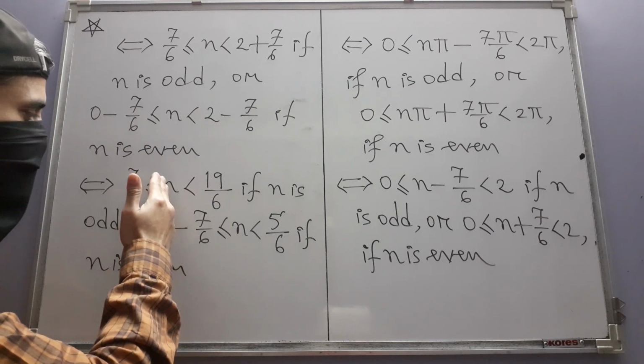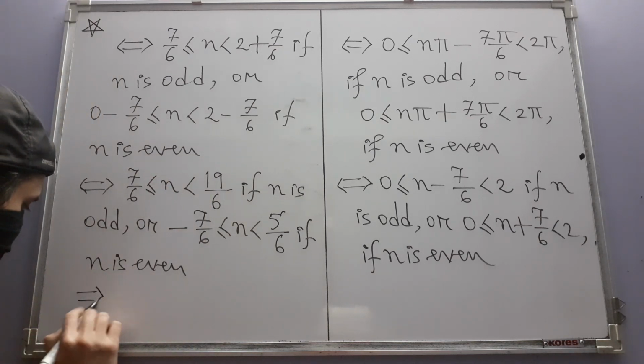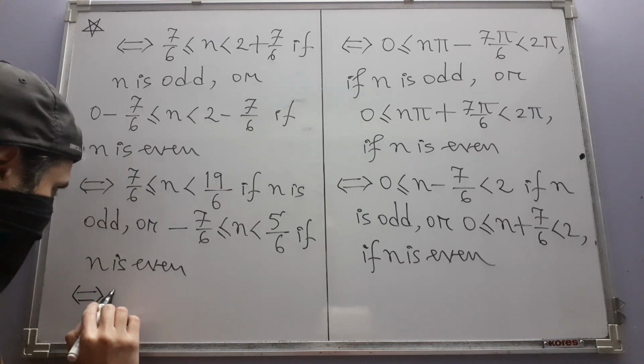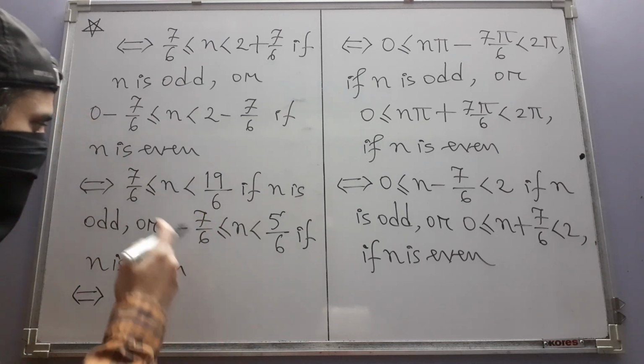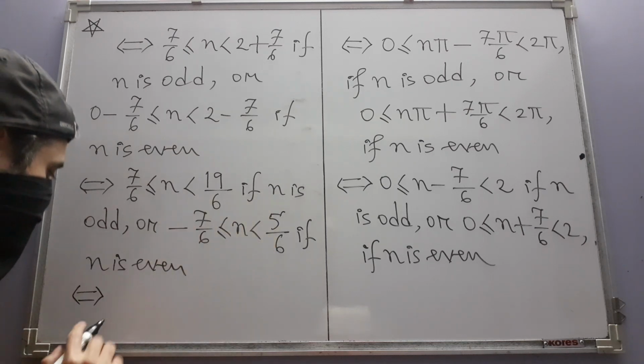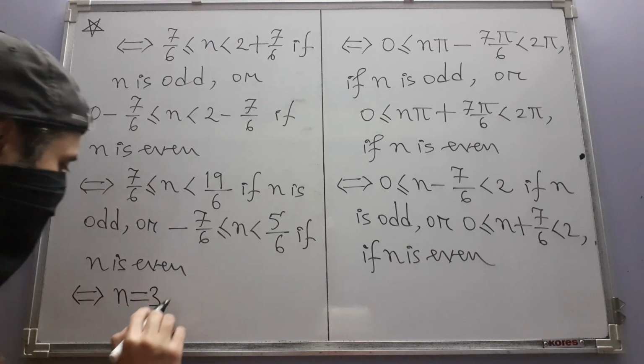So 3 is less than 19 divided by 6. And that is why, in spite of these inequalities giving us 2 options, 2 and 3, because of this extra condition, n can only be 3 in this case.